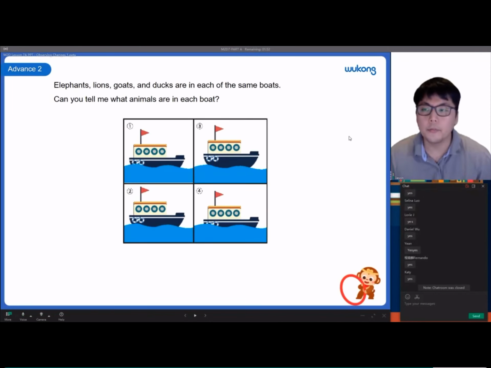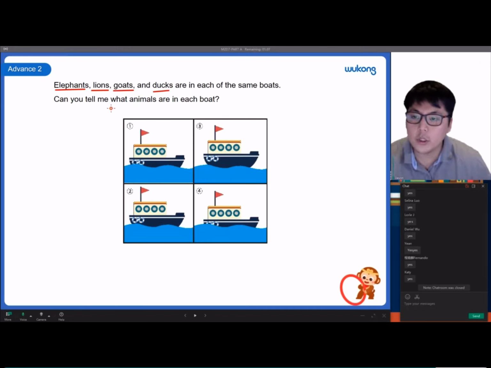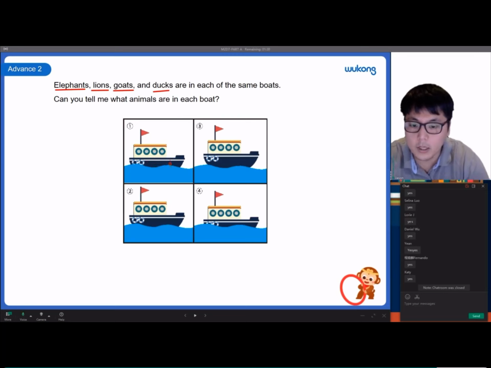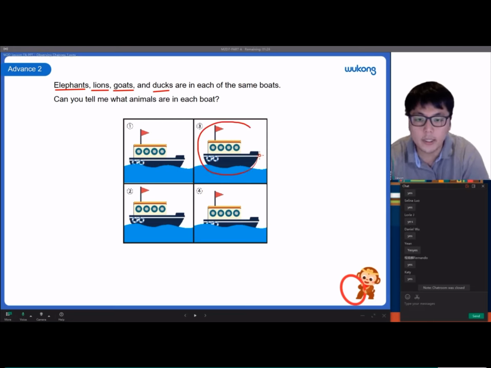Okay. Now, guys, this will be the last question of the day. You have elephants, lions, goats, and ducks in the boat. Okay? Now, it's your job to tell me which animals are in each boat. You have a boat, but with different levels of water level. What that means is you can see, have a look at this boat, guys.